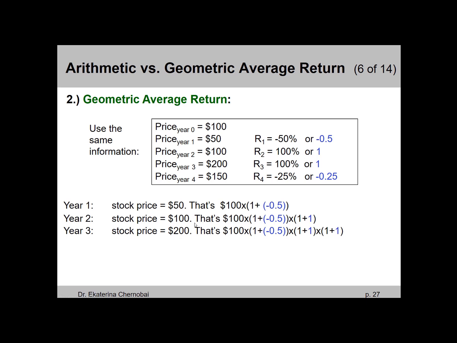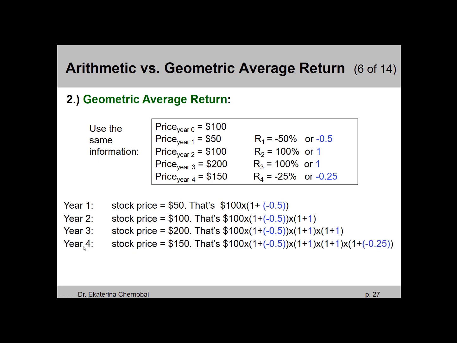Now, year three, stock price is 200, which is given. We can get to $200 by taking the original 100 in year zero, and once again, just like what we did for years 1 and 2, we can apply the future value principle and multiply the initial $100 amount by 1 plus the interest rate over the 3 years. But we do them one by one because they are different numbers.